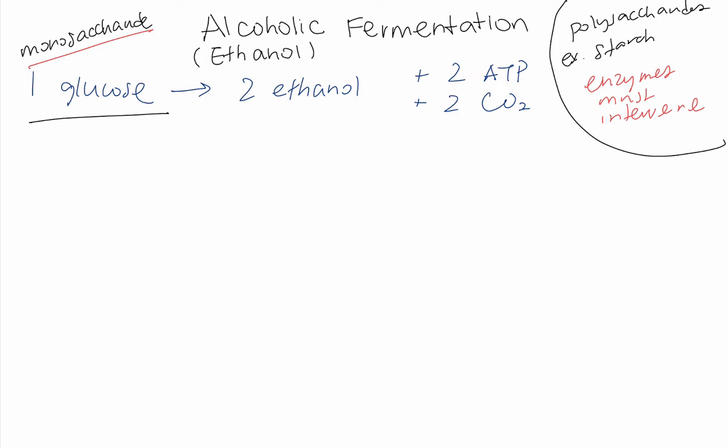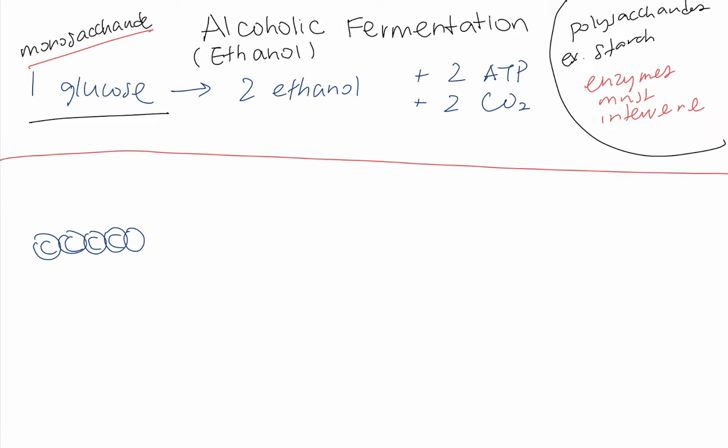Now, let's take a look at the detail when it comes to alcoholic fermentation. So, we first of all start off with glucose, which is a 6-carbon molecule. C6H12O6. This is our good old glucose molecule.